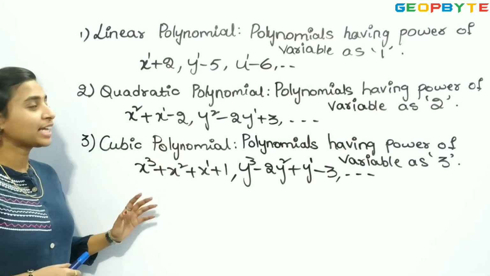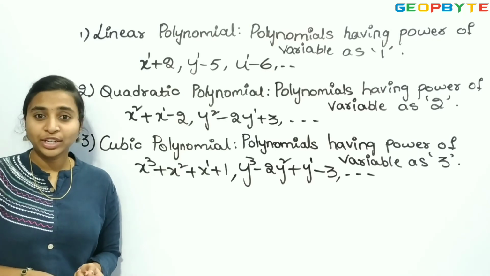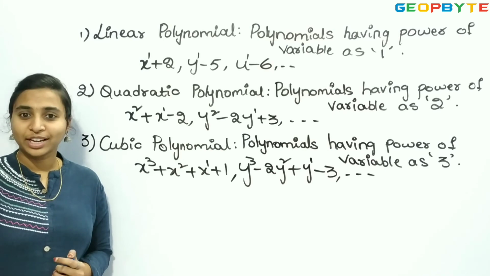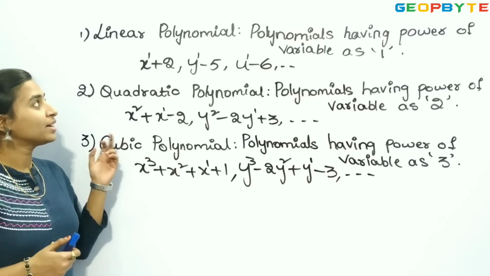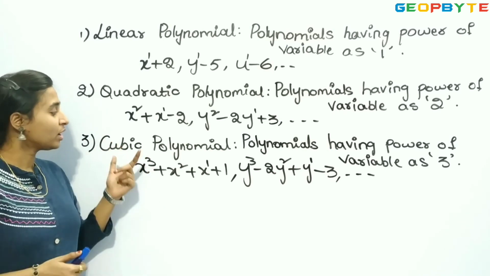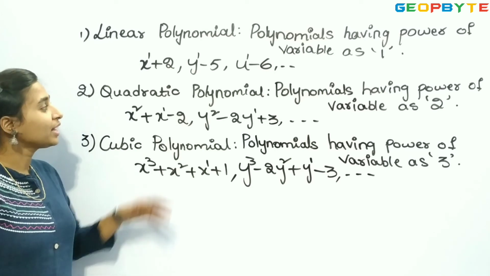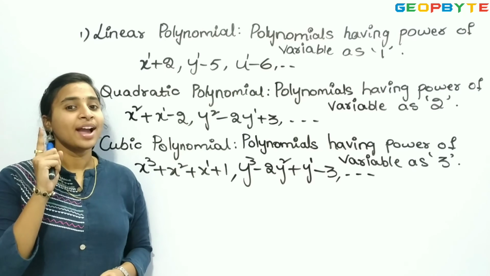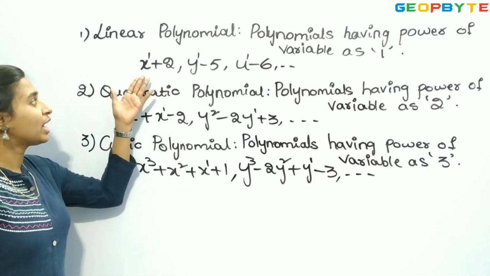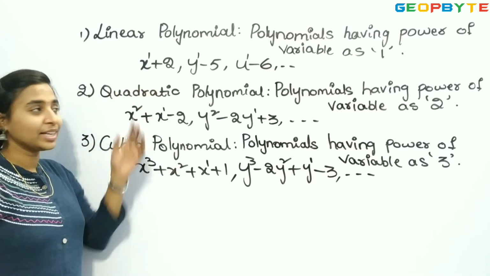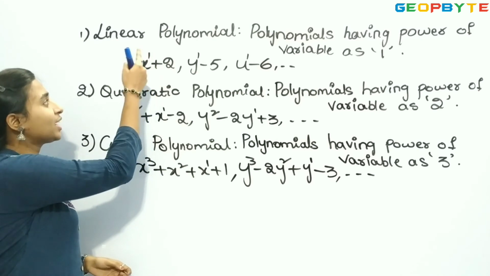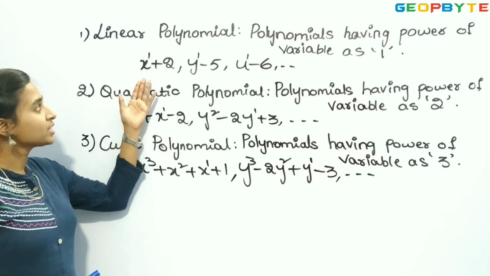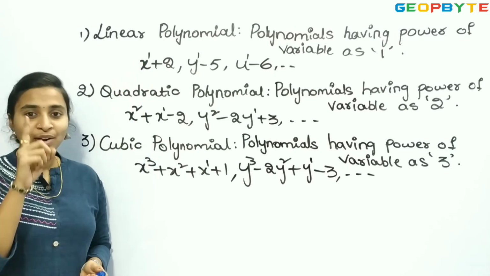For all these types of polynomials, you need to remember that only the highest power of the variable decides whether it is linear, quadratic or cubic. In all the cases, we have considered only the highest power. Here we have only one variable term, which comes only once, and the highest power is 1. So, that is linear.